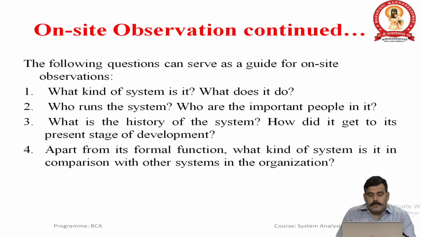What is the history of the system, and how did it get to its present state of development? And the fourth is, apart from its formal function, what kind of system is it in comparison with other systems in the organization. These are some questions that can be used during on-site observation.